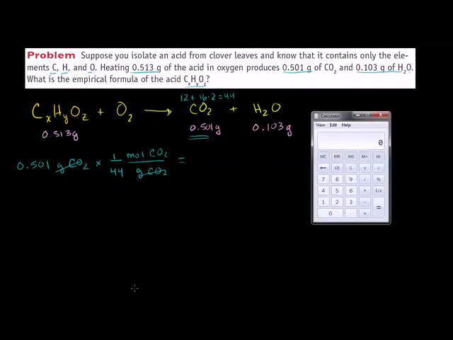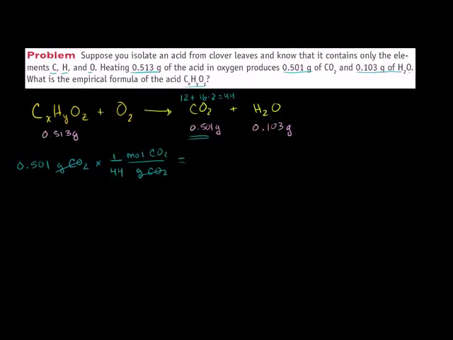So let's get the calculator out. We get 0.501 divided by 44. We have 3 significant digits here, and this is just a pure number, or pretty close to a pure number, so I'll round it to 0.0114. Let me put it on the side so I don't forget this.